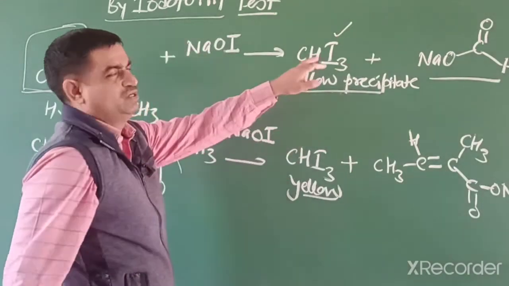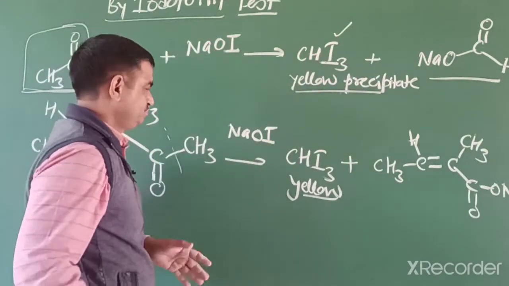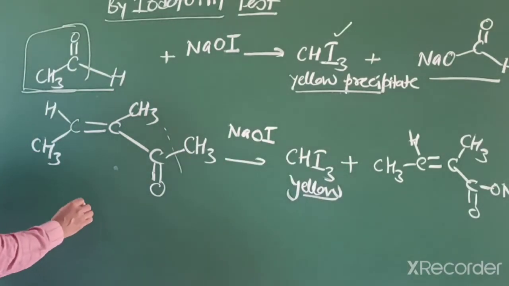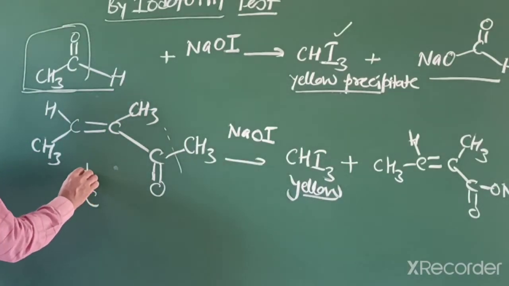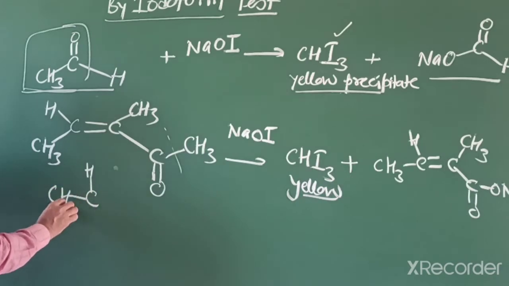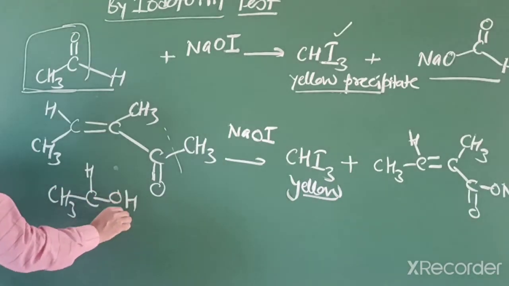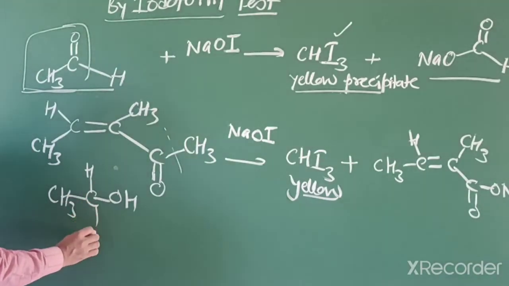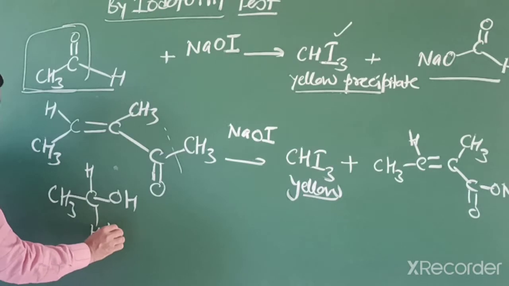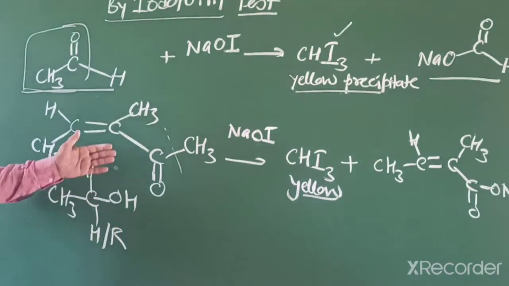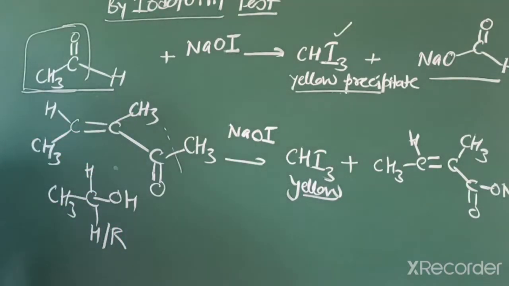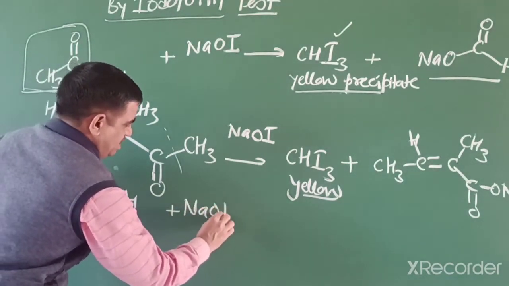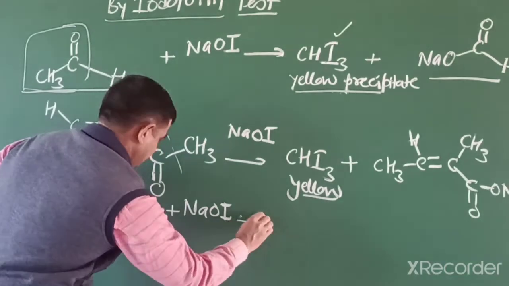So this one is triiodomethane. And those alcohols having the CH3CHOH condition also respond to this test, with either H or any R on the other side; such alcohols give the iodoform test when they react with sodium hypoiodite and can easily be distinguished.